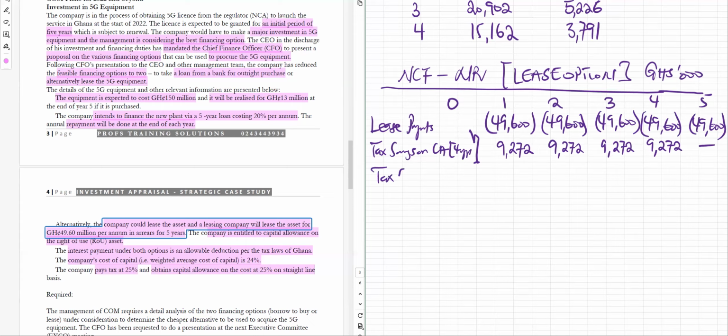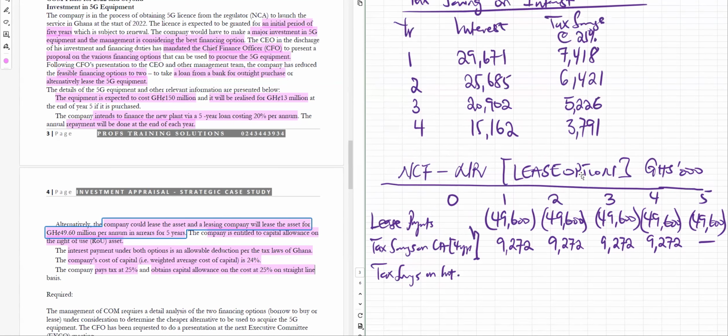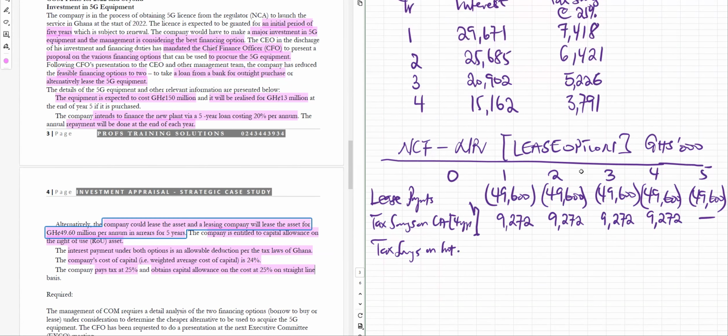Then we have tax savings on our interest. Tax saving on our interest, and that is 7,418, 6,421, 5,226 and 3,791. Oh, I forgot the year 5.